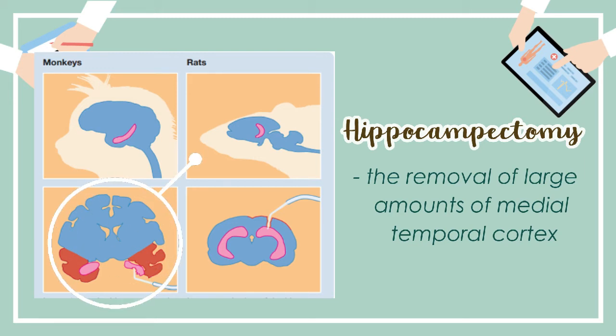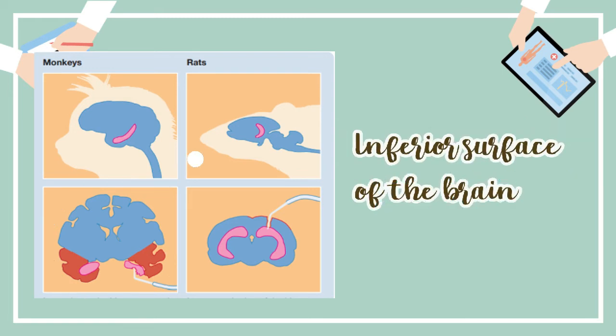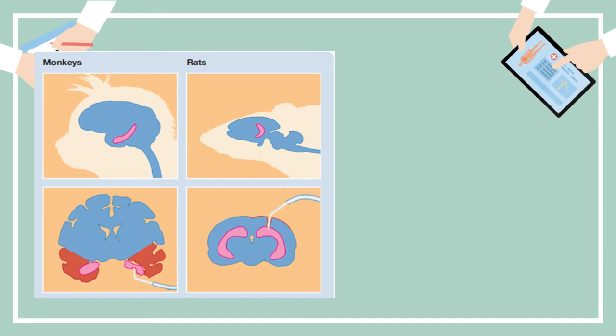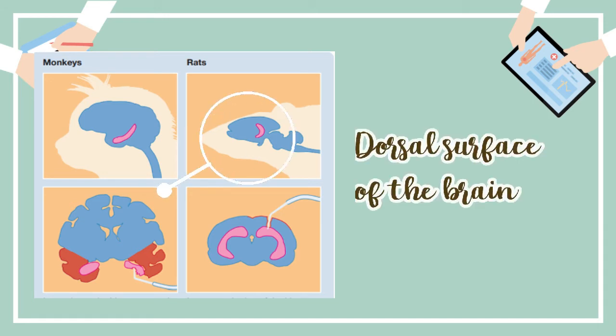So in monkeys, the hippocampus is usually removed by aspiration via the inferior surface of the brain, thus destroying substantial amounts of adjacent medial temporal cortex. On the other hand, in rats, aspiration of the hippocampus is usually performed via the dorsal surface of the brain, thus destroying small amounts of parietal neocortex.